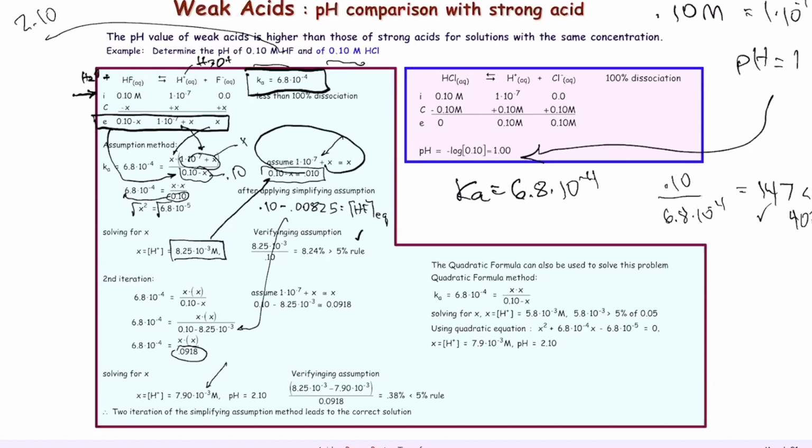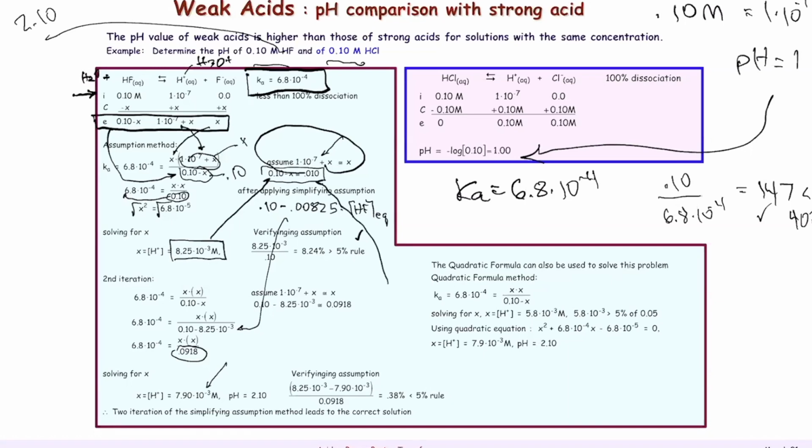The second assumption is that the amount of hydrogen ion that is released is so much smaller compared to the original concentration that it's negligible. That's this assumption over here.